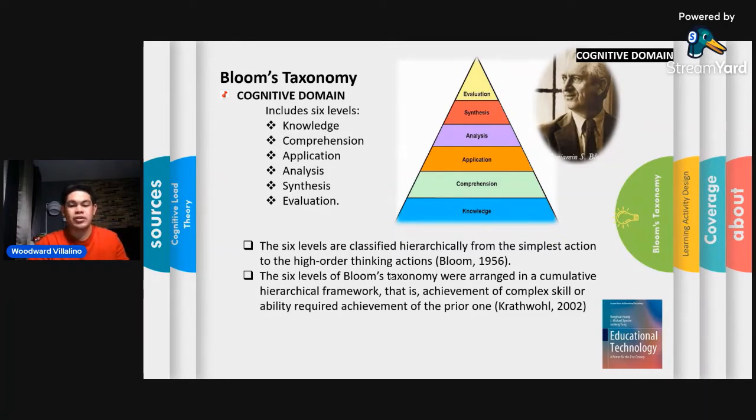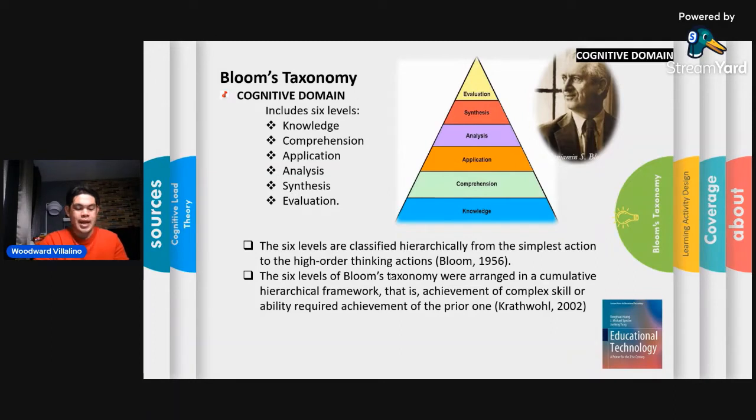Knowledge deals primarily with the ability to memorize and recall specific facts or information. An example is naming common varieties of apple or naming different varieties of animals. So this is basically knowledge.